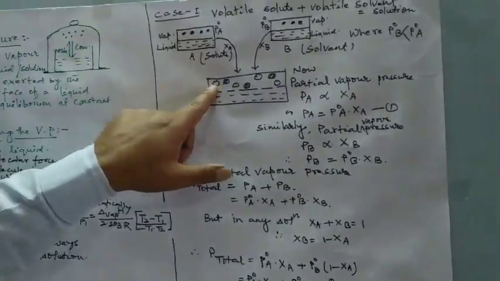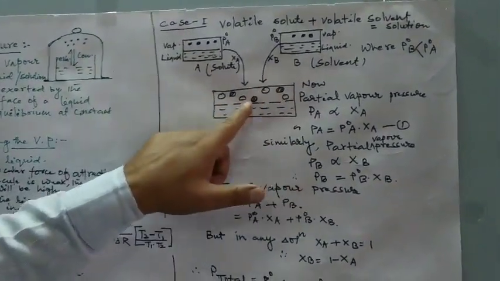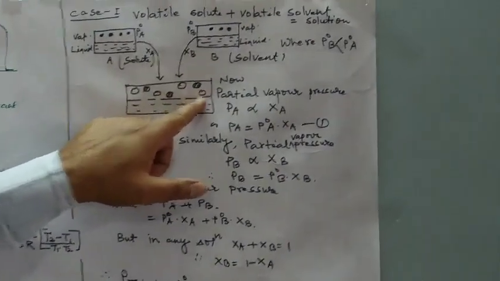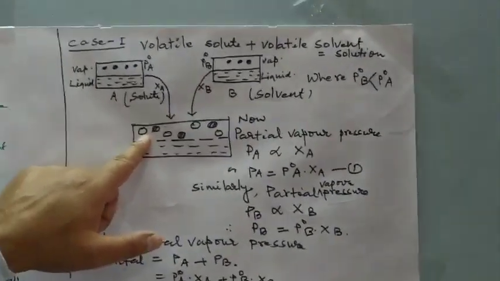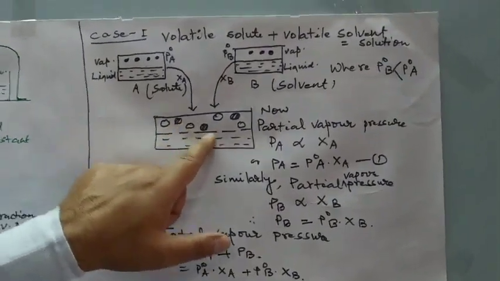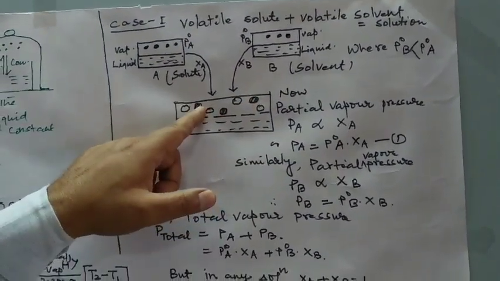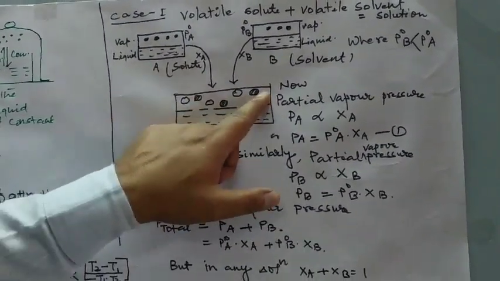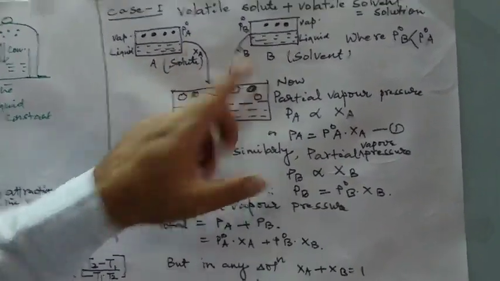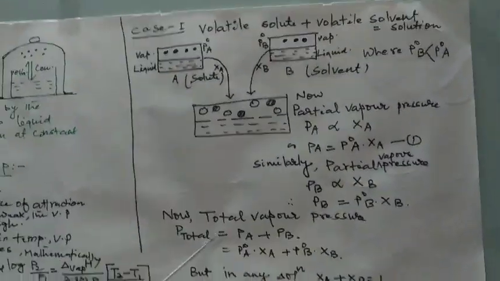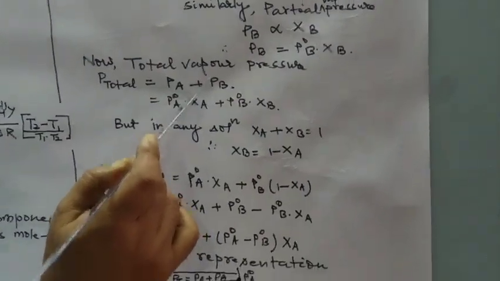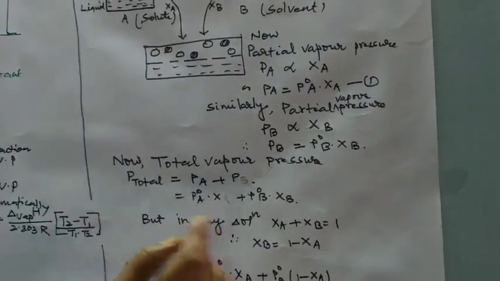So what you see, there are 4 empty ovals, which is the solute whose vapor pressure is more, and only 3 circles containing lines. Why? Its vapor pressure is less. So total vapor pressure will be the sum of the partial pressures of both components, PA plus PB.